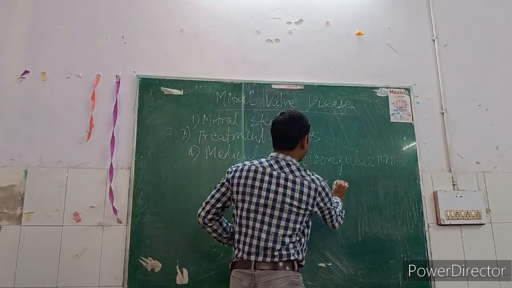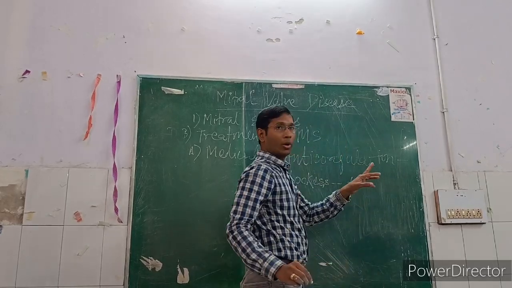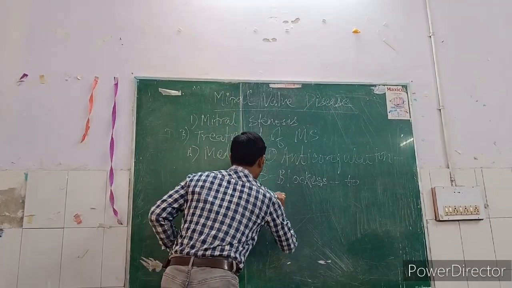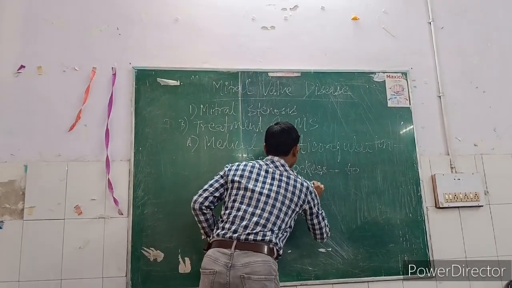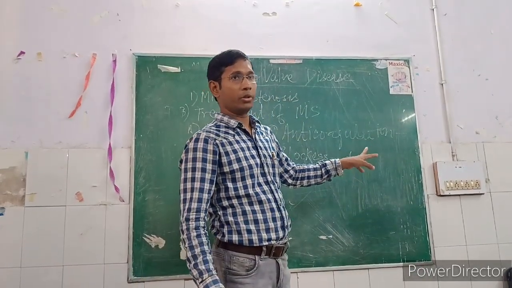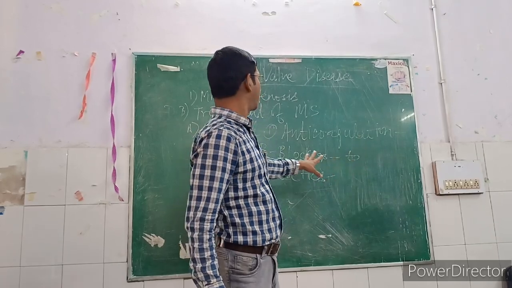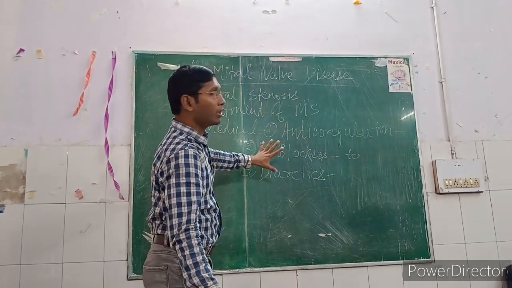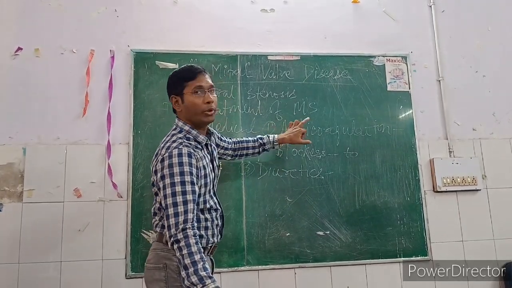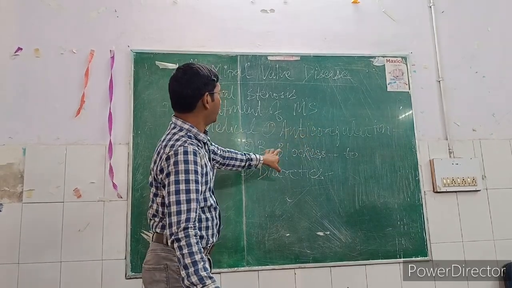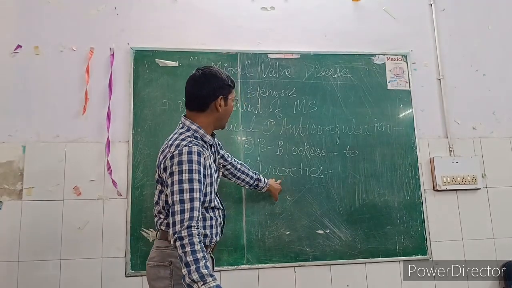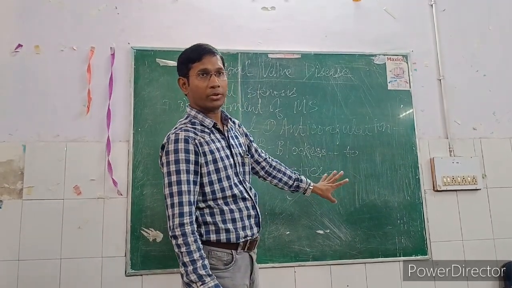Beta blockers control ventricular rate, and diuretics control pulmonary venous congestion, because in mitral stenosis there is pulmonary venous congestion. So these are the three basic medical treatment modalities: anticoagulation to prevent systemic embolization, beta blockers to control ventricular rate, including atrial fibrillation, and diuretics to control pulmonary venous congestion.